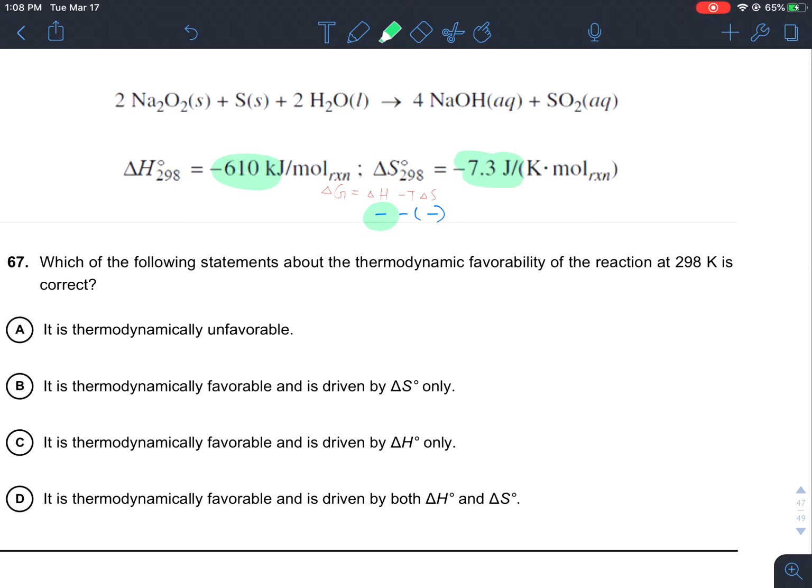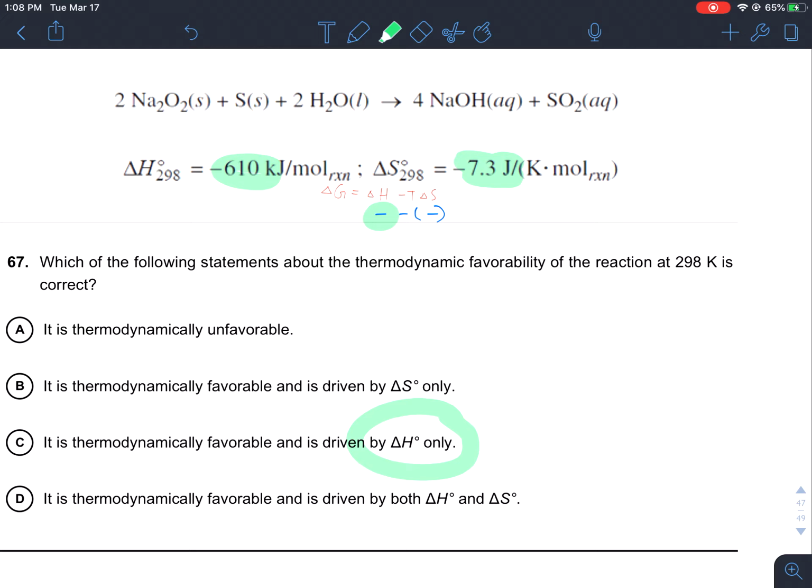It is thermodynamically favorable and is driven by delta H. I guess you can do the numbers. You should know that temperature 298 is a very low temperature. I know that feels subjective, but in chemistry, especially when the Kelvin can go up to 1,000,000 but can't go below 0, 298 is really low.